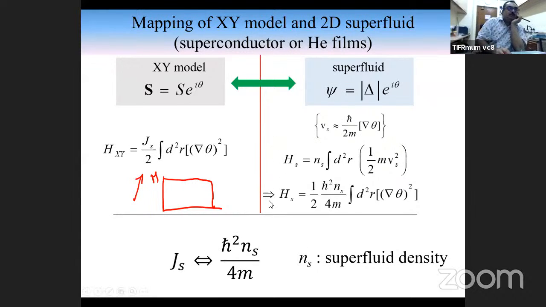So now this is the phase only Hamiltonian of the superconductor. And you can see that in two dimensions, the 2D XY model Hamiltonian and the phase only Hamiltonian for a superfluid are exactly identical. So therefore, in a thin superconducting film, I should also have the BKT transition.